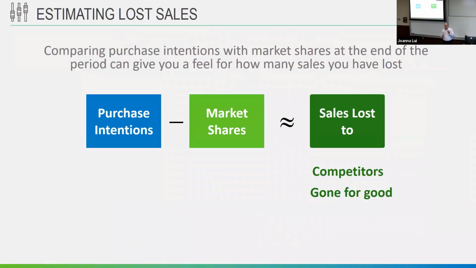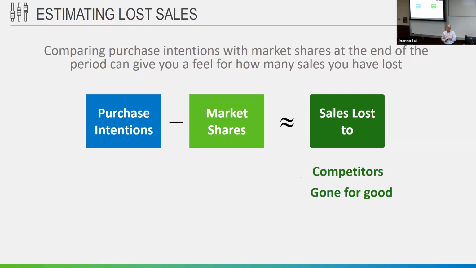So if you think about the one with the lost sales where you didn't have enough product, you can get a guesstimate of what that is in Markstrat every time if that happens to you. And what you do is you look at purchase intention. So you can buy marketing research in this program, which is really nice, gives you a chance to experiment with some things.